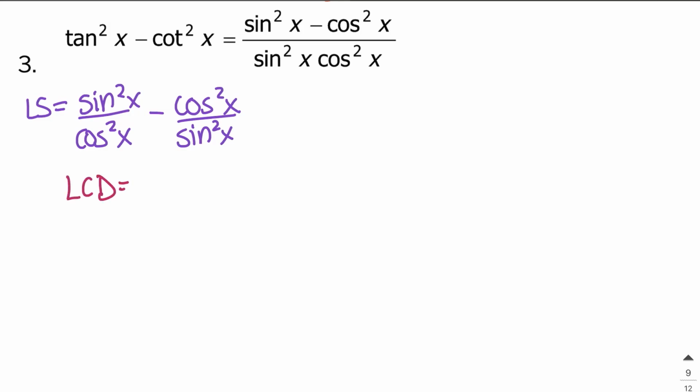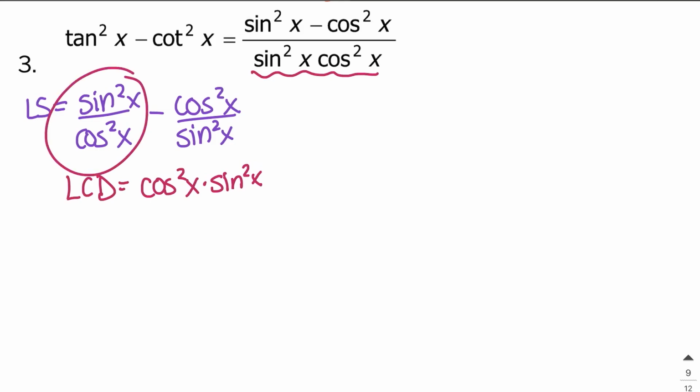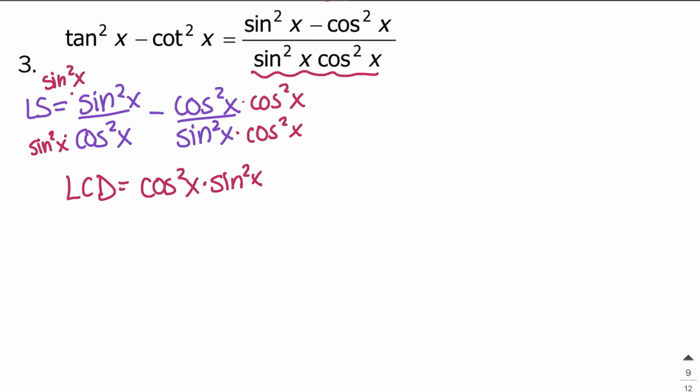And my least common denominator this time is cosine squared x times sine squared x, which is pretty promising because that's the exact same denominator that we have on the right-hand side. So this fraction on the left side is missing sine squared x, so I'll multiply numerator and denominator by sine squared x. This side over here is missing cosine squared x, so I'm going to multiply numerator and denominator by cosine squared x.